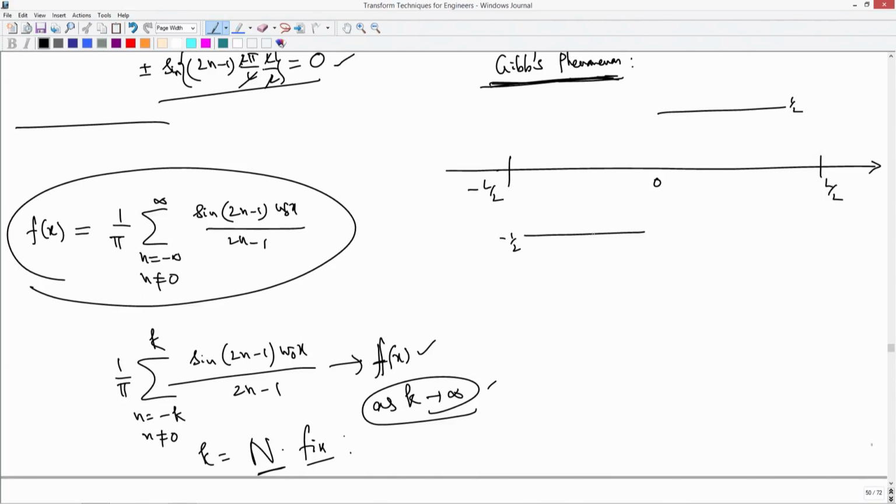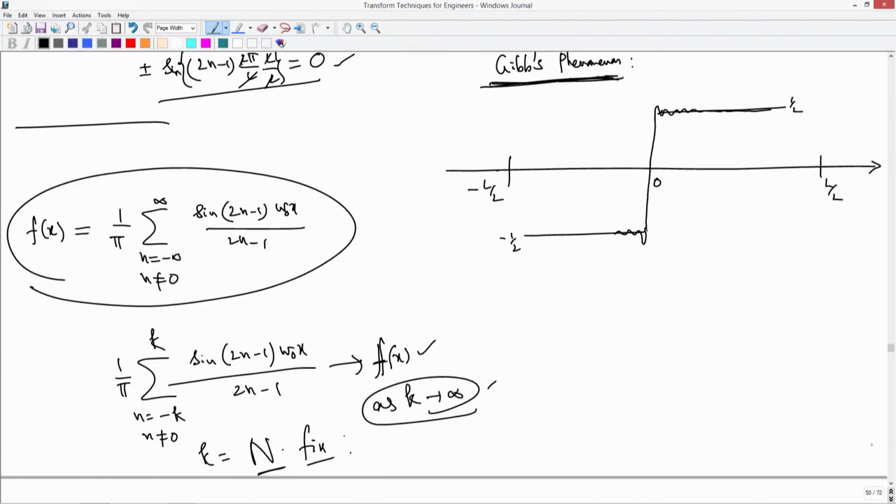As it approaches the discontinuous point, you will see some fluctuations, a big fluctuation here, and then it goes to 0. There is a fluctuation up there, and then it goes like that. This is how it converges.